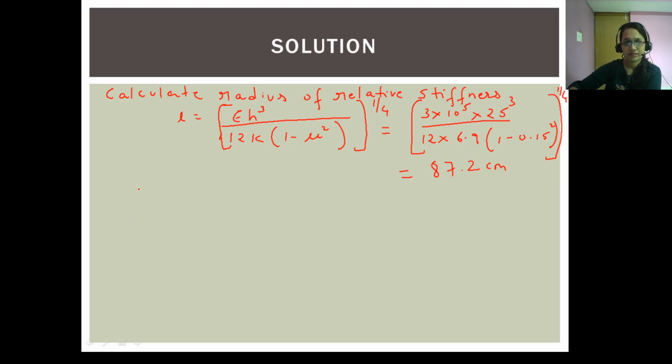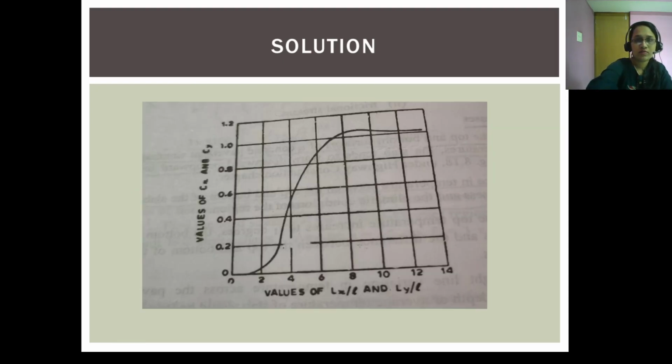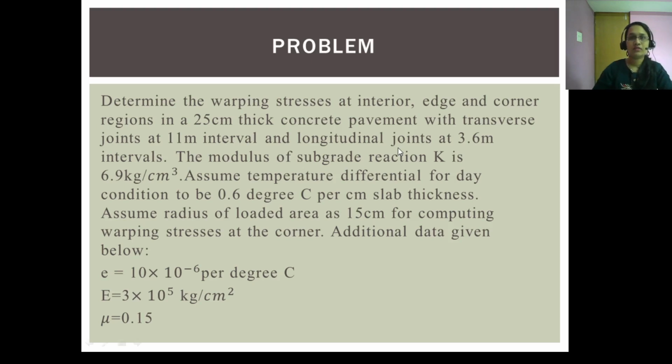Next step, Lx upon L. Okay, what is Lx? 1100. We are given that in the concrete pavement, 25 centimeter thick concrete pavement with transverse joint. You can see in this problem what is given here.